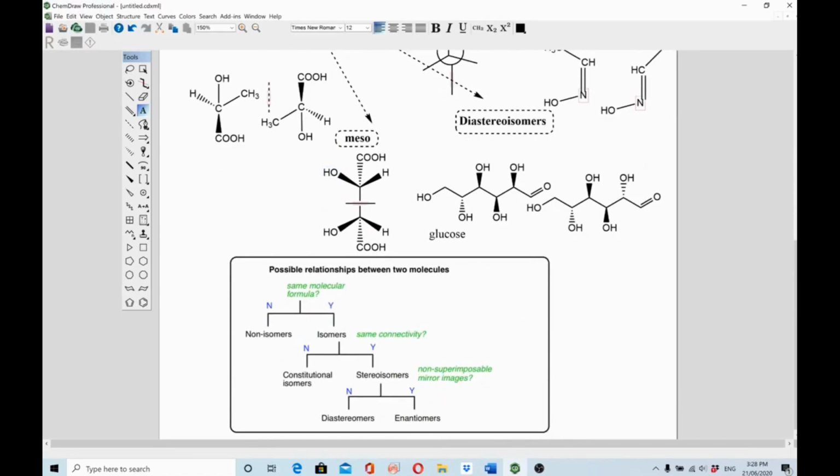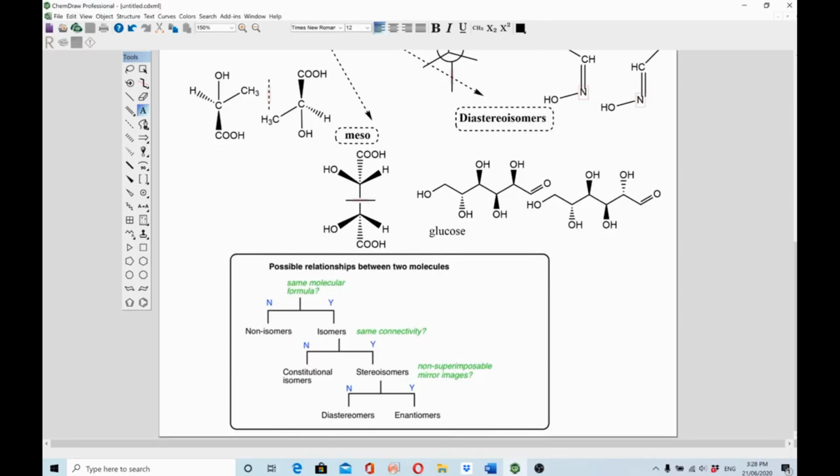If they have connectivity, then this gives rise to stereoisomerism. What is stereoisomerism? It is because of the presence of a stereo center or a chiral center. Now again, if compounds have the same molecular formula, they will be isomers. If they do not have any connectivity, they will be constitutional isomers. If they have connectivity, they will be stereoisomers.